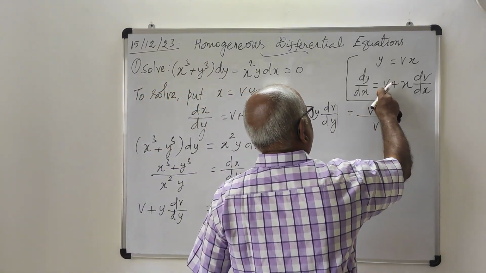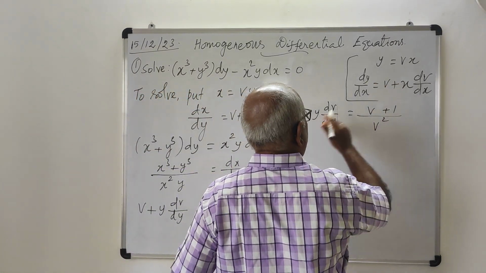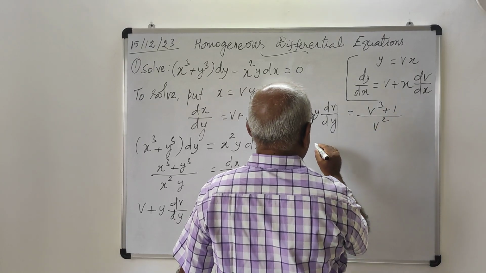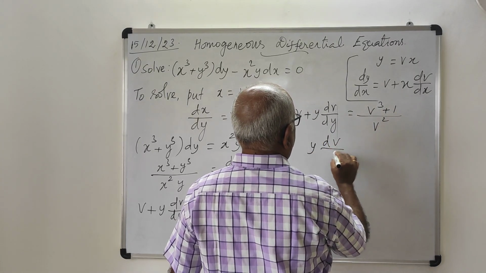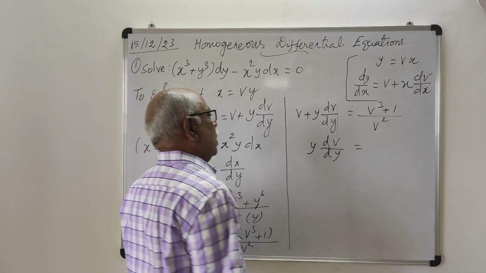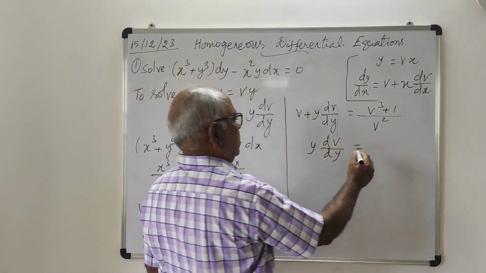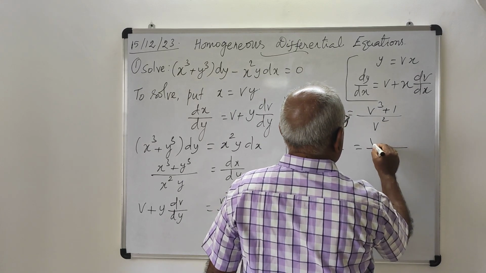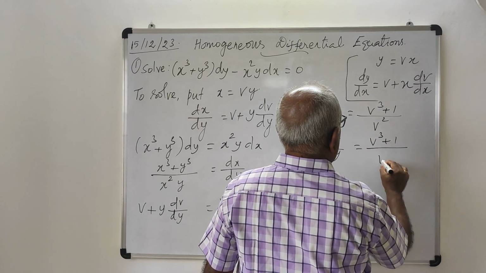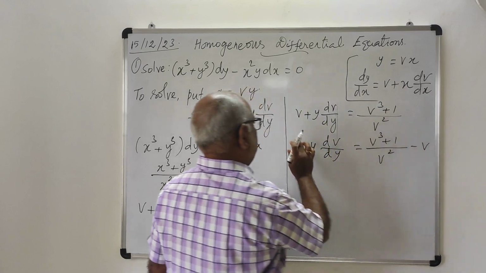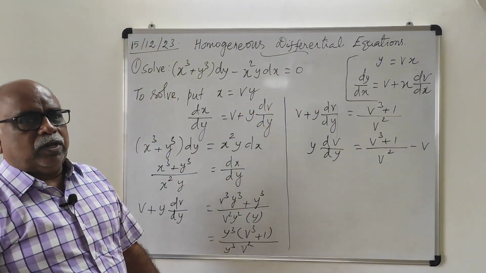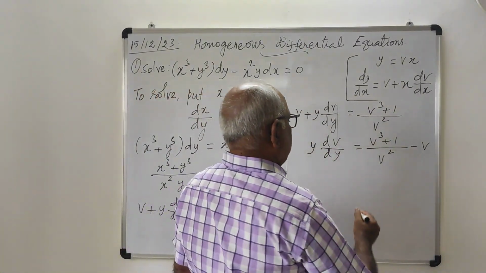So now you bring this v from the left hand side to the right hand side. That is y dv by dy equal to (v cube plus 1) by v square minus v. The plus v, if you bring it to the right hand side, becomes minus v.